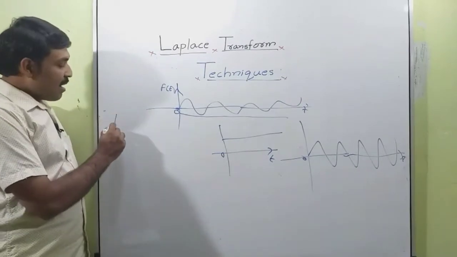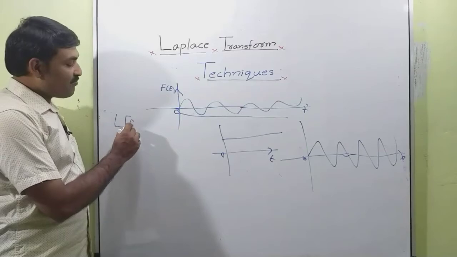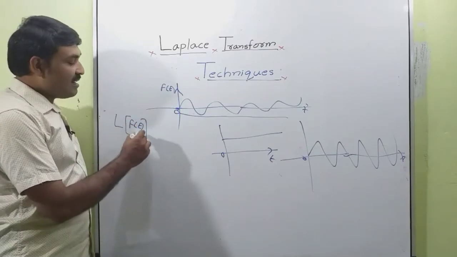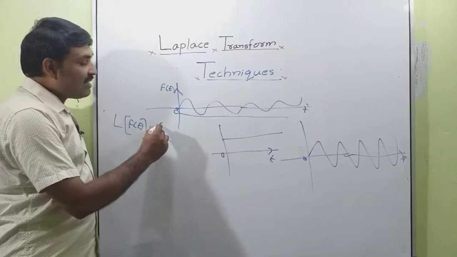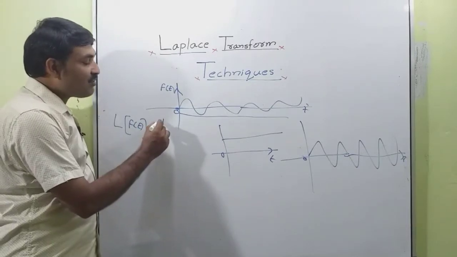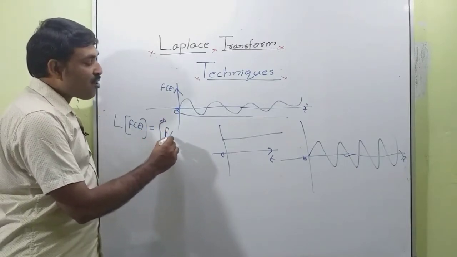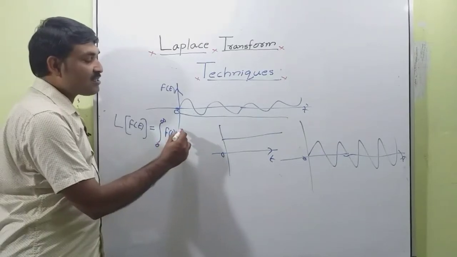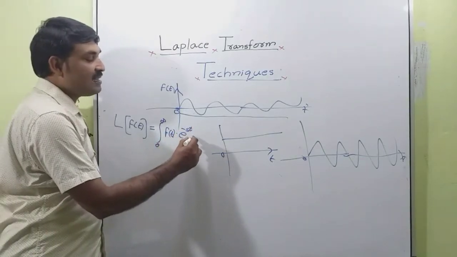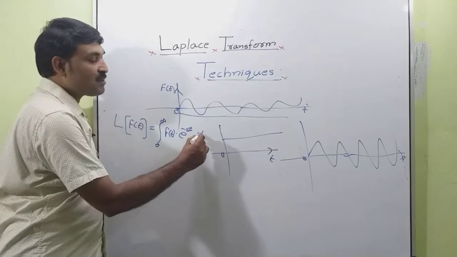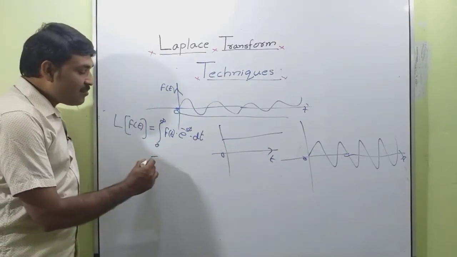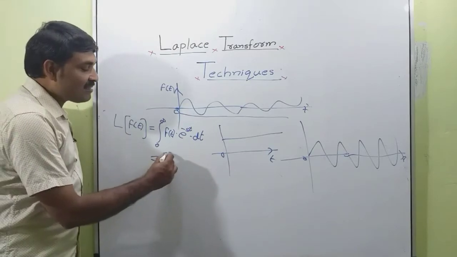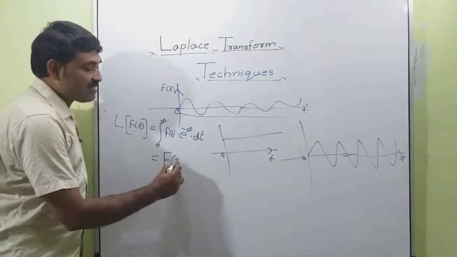That is, the Laplace transform of the signal f of t, a continuous time signal, is equal to the integral from 0 to infinity of f of t into e raised to minus st, with the integration with respect to dt. This is denoted by capital letter F of s.